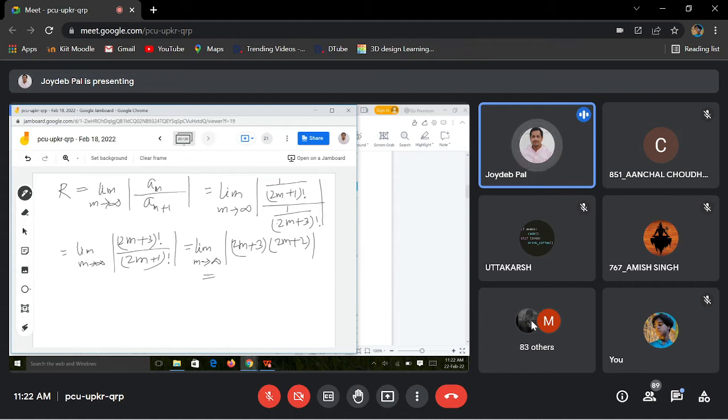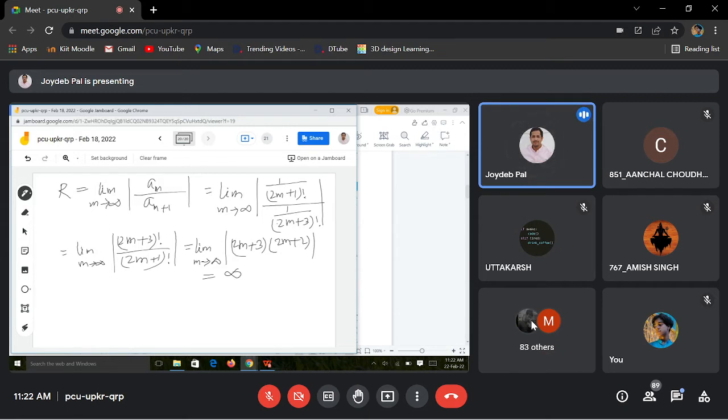If you divide it by m square, then you have to multiply it by m square also. Then for that m square, the limiting value will be infinity. So the value is infinity.